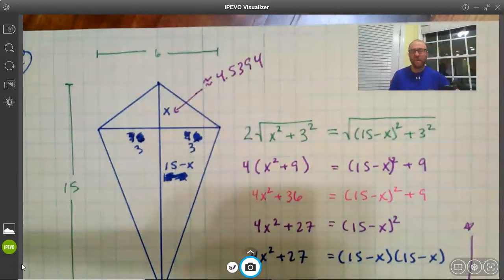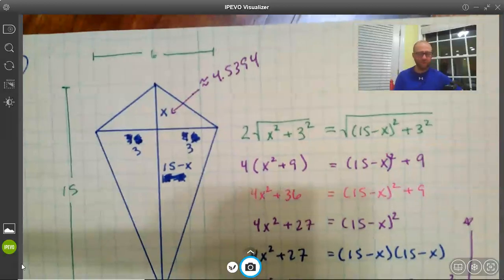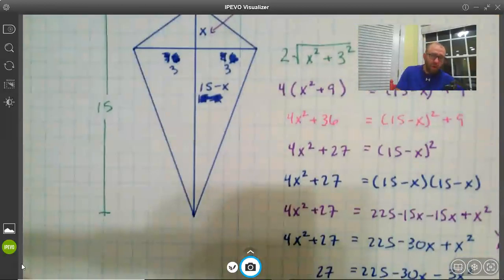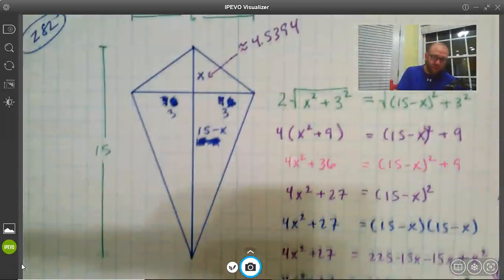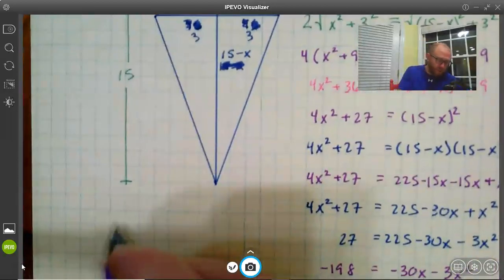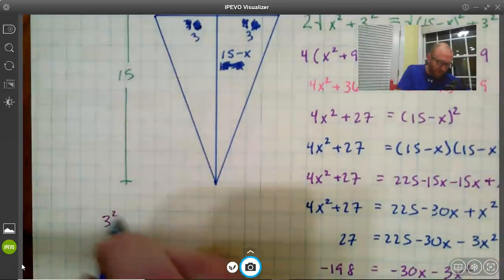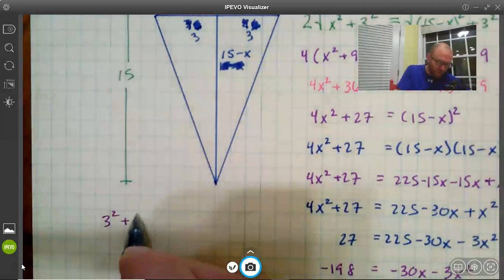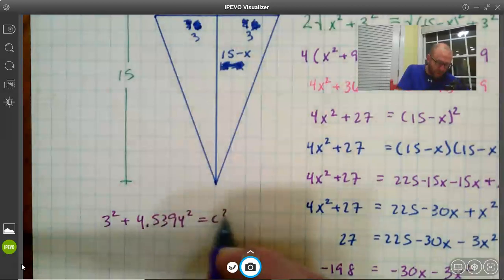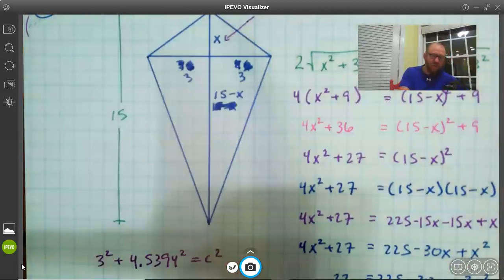But let's see if it kind of pans out. How long will this side be? I'm going to go down here, and I'm going to say 3 squared plus 4.5394 squared equals c squared. So we're going to find this length up here.